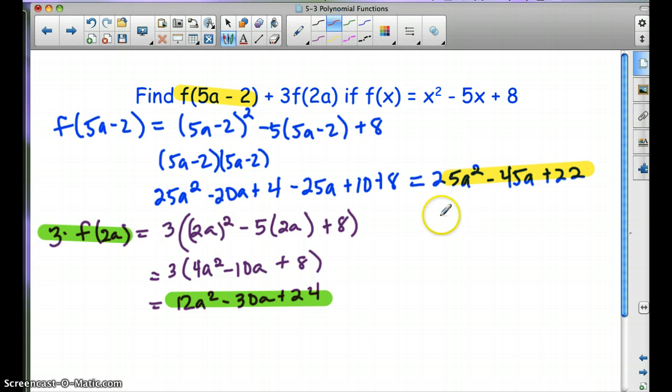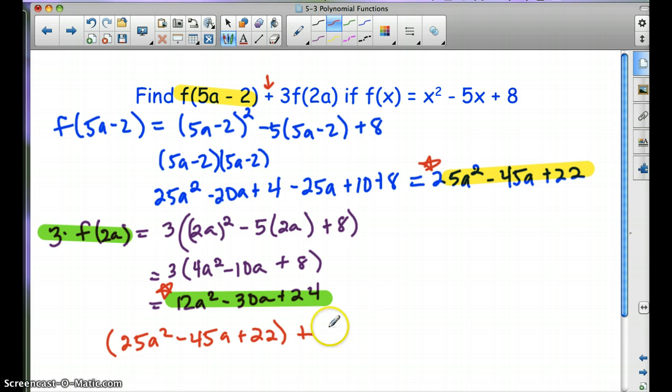What we're going to do is take both of these and add them together. So we take 25a squared minus 45a plus 22, this polynomial, plus the 3f of 2a, which is 12a squared minus 30a plus 24.